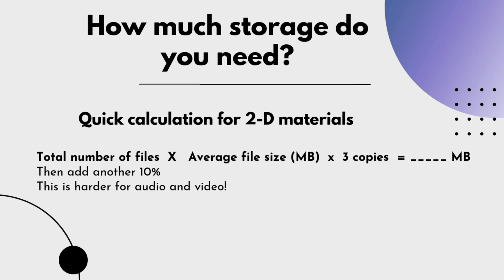It's really just an estimate. But if you take the file size for an entire collection and average it out, multiply that by the number of files times 3 for your 3 copies in your 3-2-1 rule. That would give you a total number of megabytes, but then add another 10% on top of that for administrative and all kinds of other data.